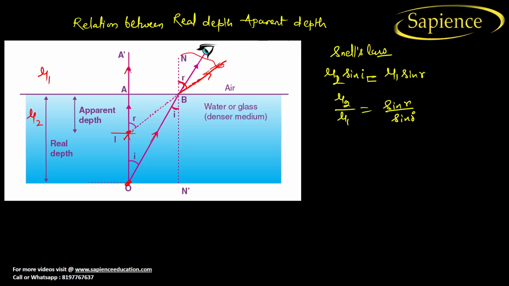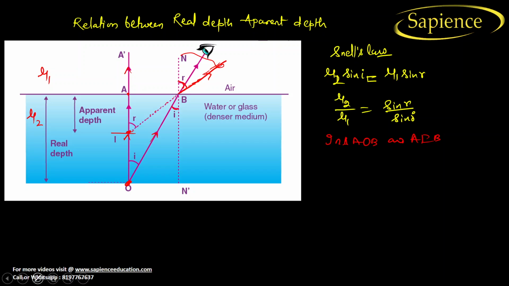Now let us observe some of the triangles. Consider triangle AOB and AIB.